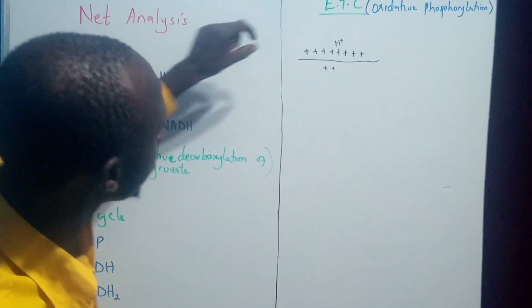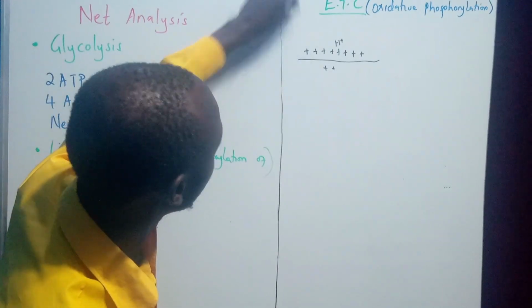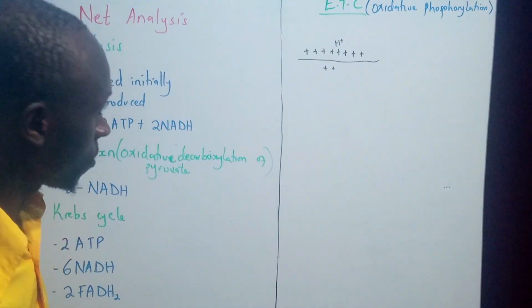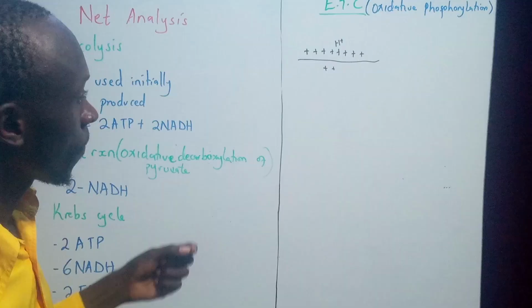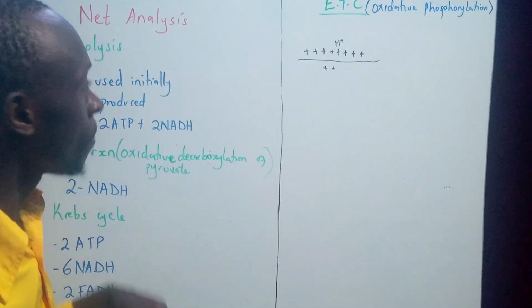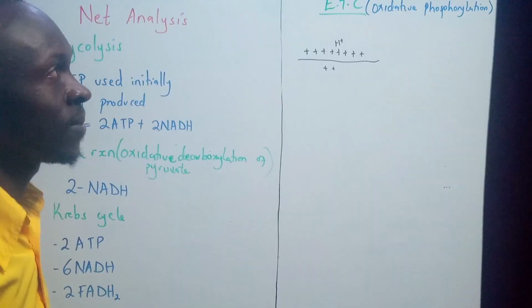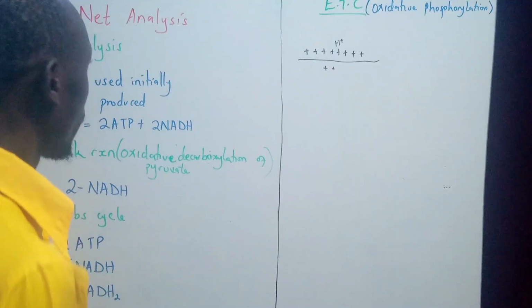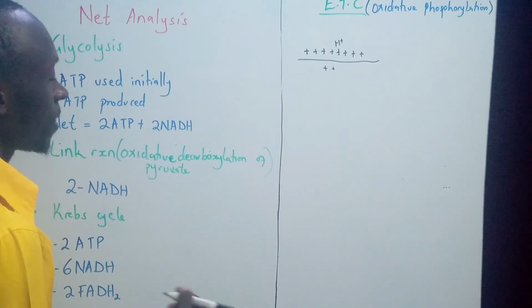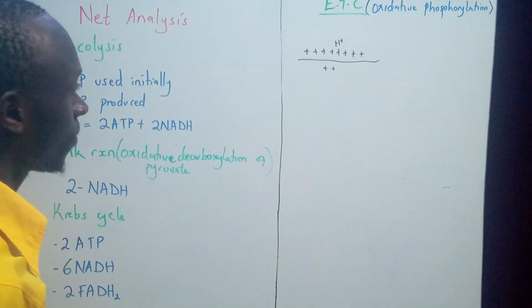The more protons that are pumped, the more energy we expect to produce. Remember, NAD pumps more protons than FAD, because FAD enters later in the chain. So we need to look at the analysis of what NAD produces and what FAD produces.